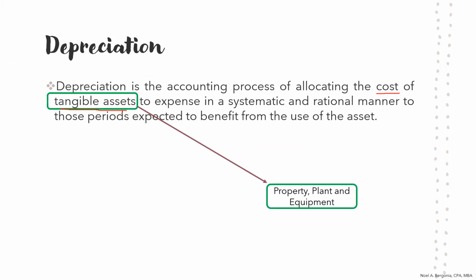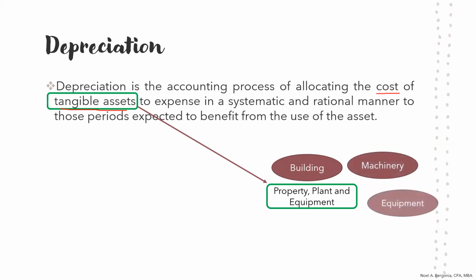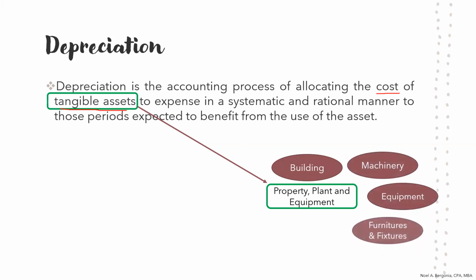So the property, plant, and equipment, examples of which are buildings, machineries, equipment, furnitures and fixtures, and vehicles. But there are also others that could be part of the property, plant, and equipment, specifically those used in the business, and they take a long time to be used in the business. By the way, if you notice, wala po sa listahan yung land.